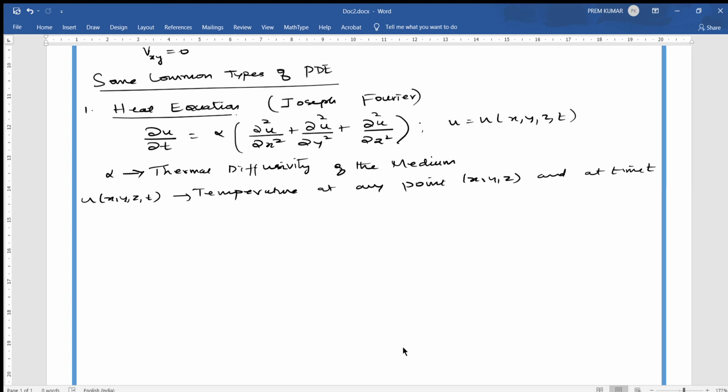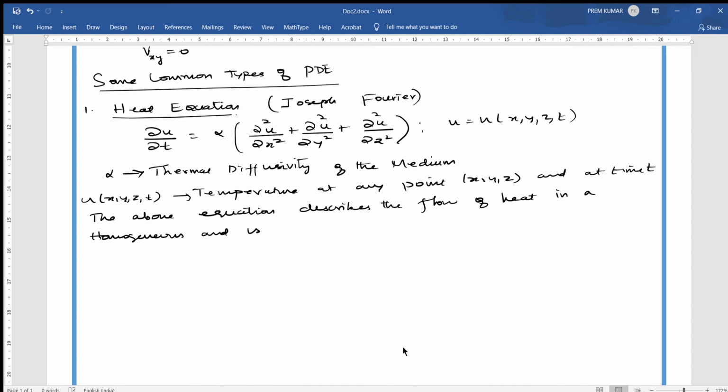The above equation describes the flow of heat in a homogeneous and isotropic medium. Medium in the sense it may be pure water or glass, even air. A homogeneous medium means an optical medium which has a uniform composition throughout.